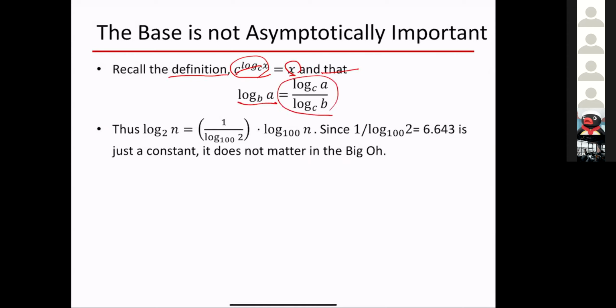So log to n is the same as this one. If you divide this one as a constant, it is about 6.63, which is just a constant, so it doesn't matter in the big O notation. We care about the big O notation and the big number, which is dominant. We don't really care about the minor details.